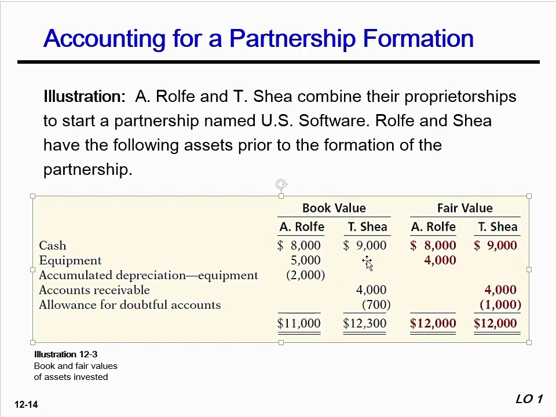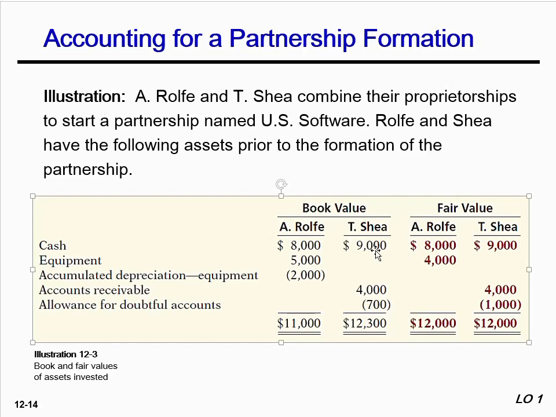Tishia doesn't have any. And Adolphi has accumulated depreciation on this equipment of 2,000. So if you net this out, the book value for this equipment is 5,000 minus 2,000, that is 3,000. But when they check its fair value, the fair value becomes 4,000.